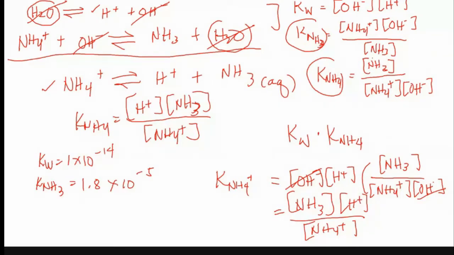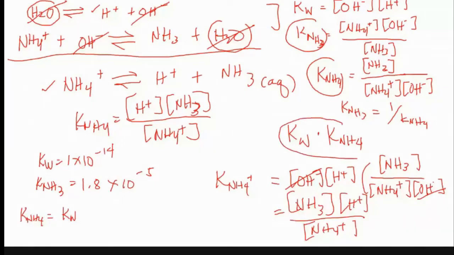Kumbaga, reciprocal. K NH3 is equal to 1 over K NH4 for this reaction. K NH4 is equal to KW times 1 over K NH3.